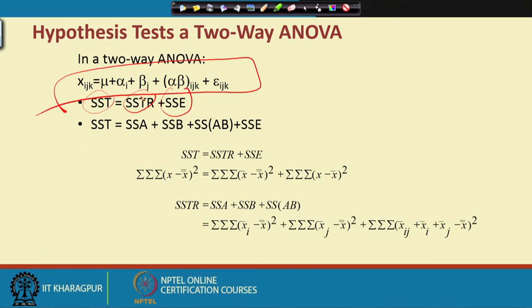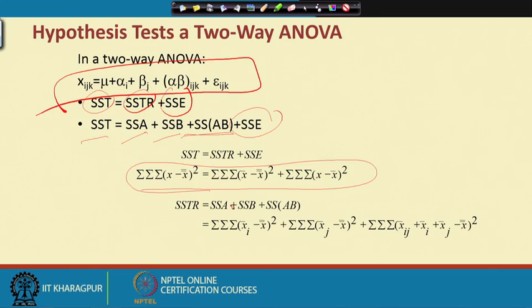So, the total sum of squares will be the variance from factor A, the variance from factor B, that is the main effects, and then the sum of squares through the interactions, right, and then this is the error component. The procedure of getting these outcomes we have already discussed in the previous lectures in the case of one way ANOVA.